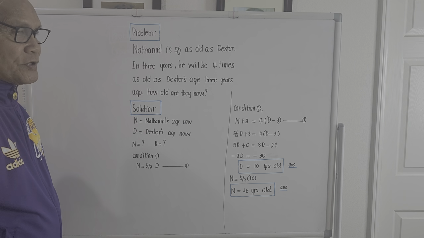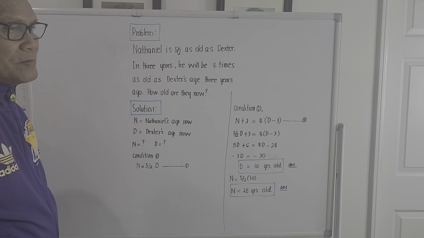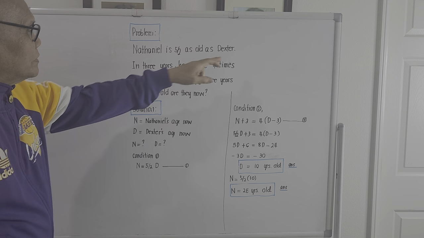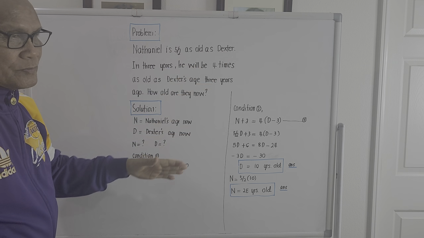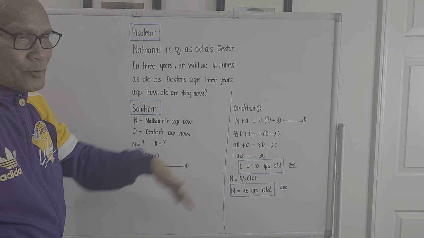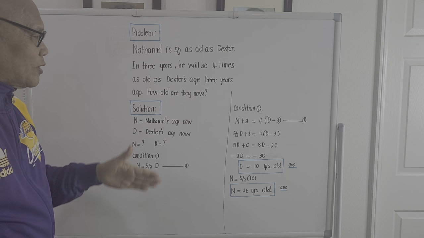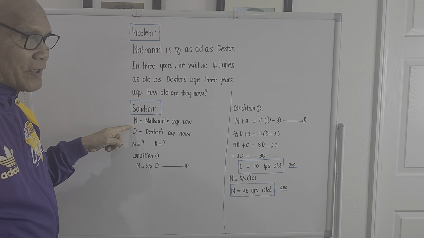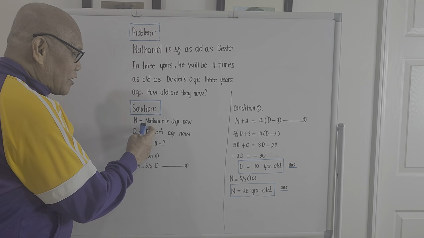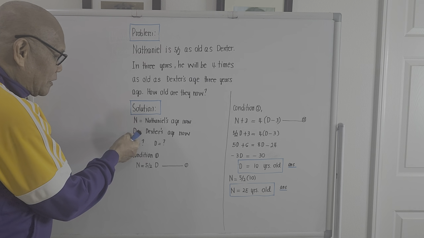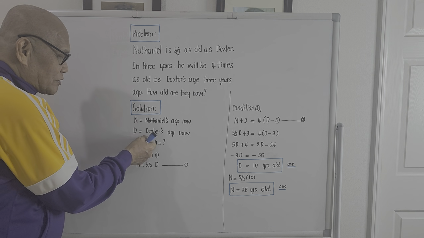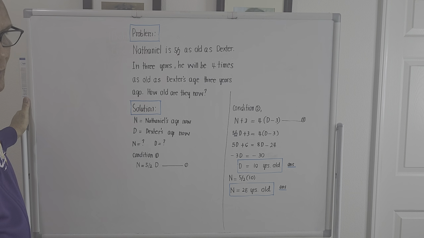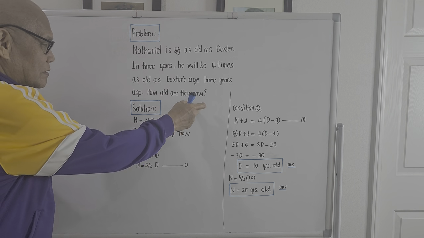There should be a representation for the unknown. We are solving for the age of Nathaniel and Dexter. To coincide with their names, we will let capital letter N be Nathaniel's age now, and capital letter D be Dexter's age now. The problem is just asking what are their ages now.